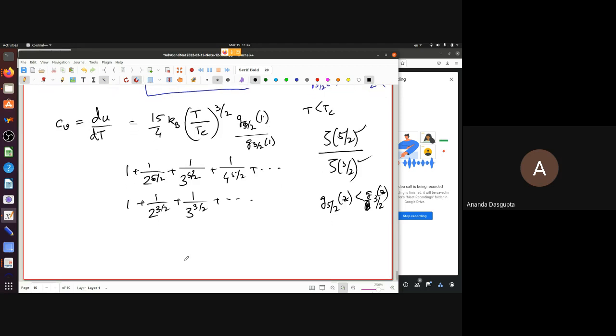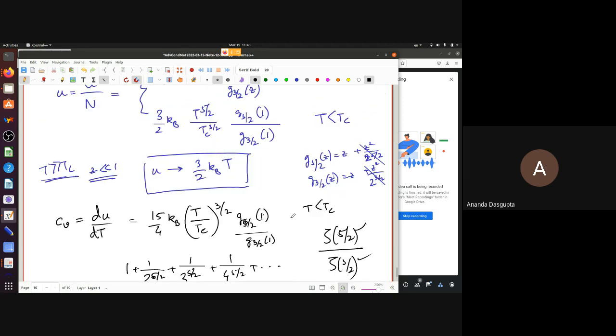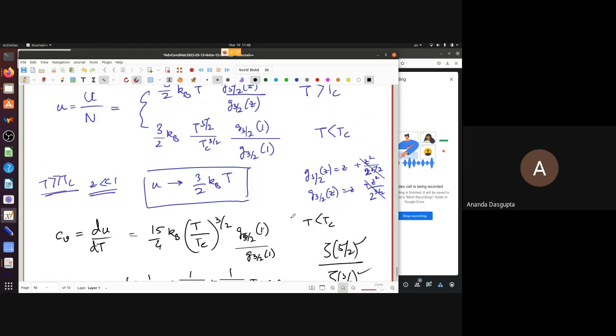Now, if you're going to try to plot the CV against temperature, what will this look like? This formula tells you at least below TC, this is easy. When it's much, much bigger than TC, how much is it, by the way? What is the derivative of U with respect to temperature when temperature is very, very large, much larger than TC?